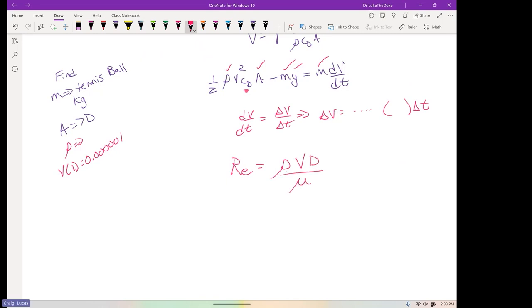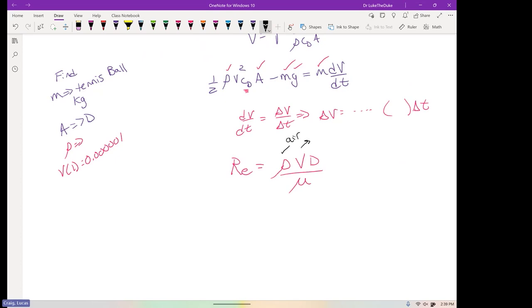Yep. That is your density of the ball, right? Double check. It's been a while since I did this problem. I'm pretty sure it's the density of the ball. I have nomenclature in my code here. Oh, he didn't put it in. No, sorry. That should be of air. Yeah. That's for air. Yep.